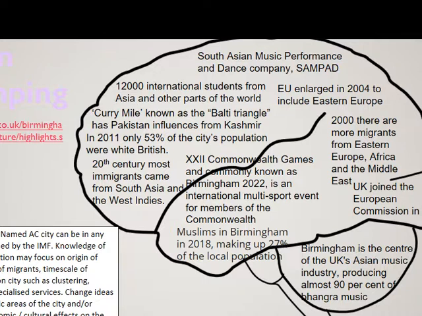So if we go back to the question, we can talk very much about wave 1 being in the 20th century, and wave 2 being in 2000. The main thing you want to look at is that the EU in 2004 included Eastern Europe, so that meant we had more Polish people, Romanian people come over to Birmingham.